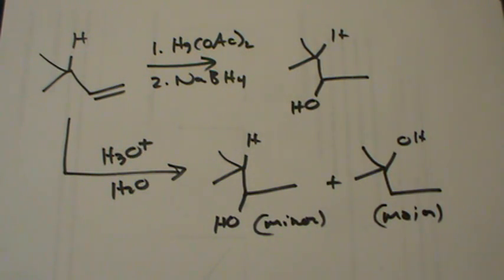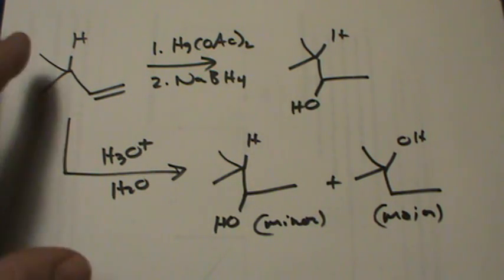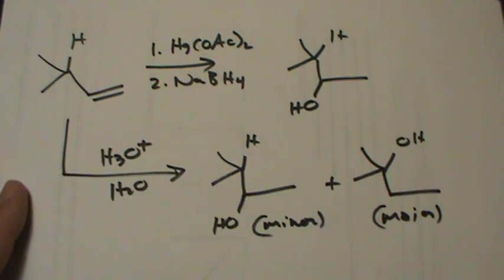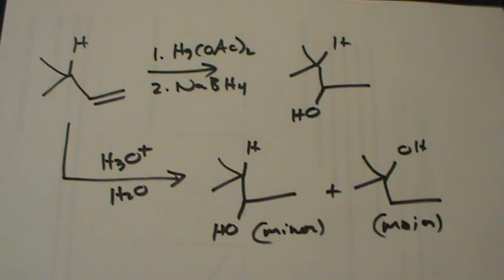So some alkenes are susceptible to these Wagner-Meerwein rearrangements, carbocation rearrangements, and if we want to form a Markovnikov hydration product that doesn't allow for rearrangement, then these would be the conditions.